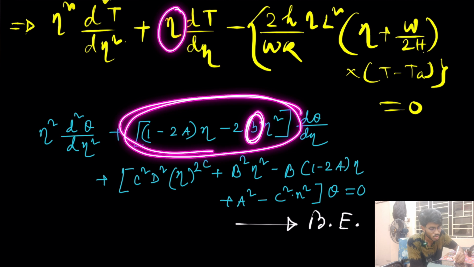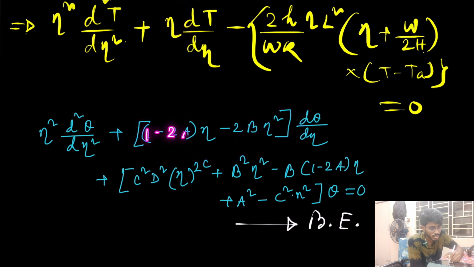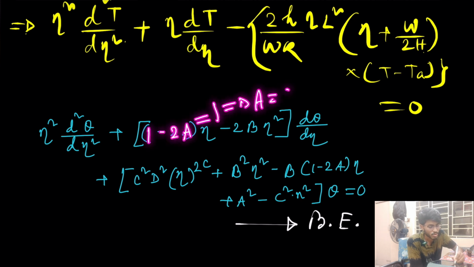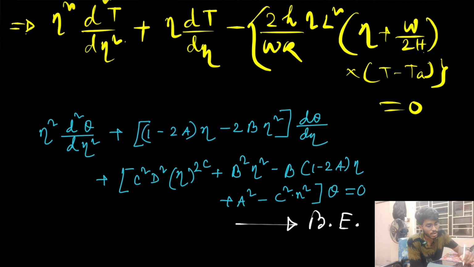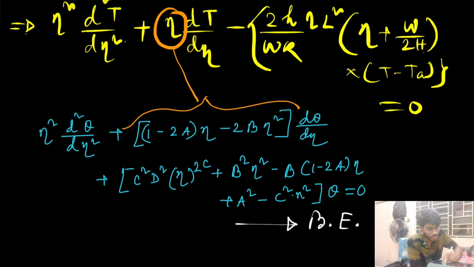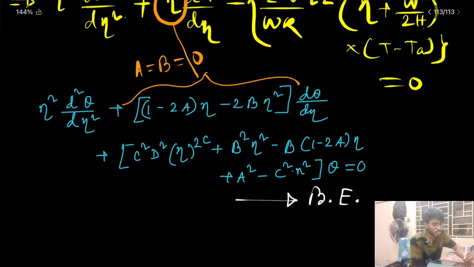That means my b has to be 0 and my 1 minus 2a has to be equal to 1, that means my a is equal to 0, right? That means by comparing these two, this and this, I can say that a equals b equals 0, right? I have got my a and b. Now I need to know my c and d and small n.